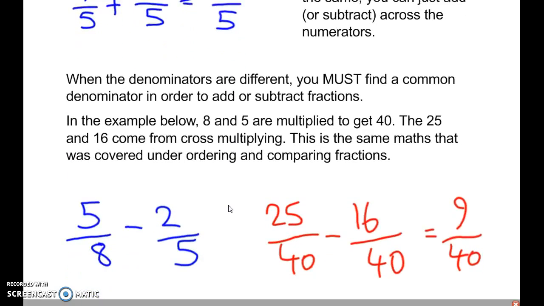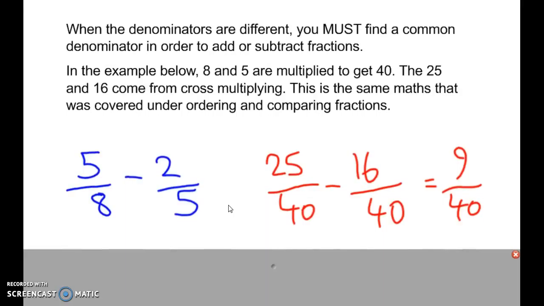Moving on to another example, when the denominators are different, we can reuse that method that we were just looking at. See here, I've multiplied the 8 and the 5 to get 40, to give me a common denominator of 40, and I've used the same cross multiplication method.